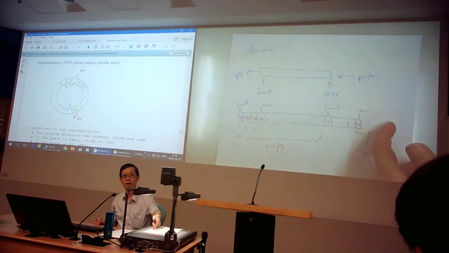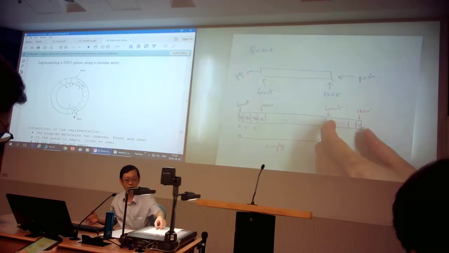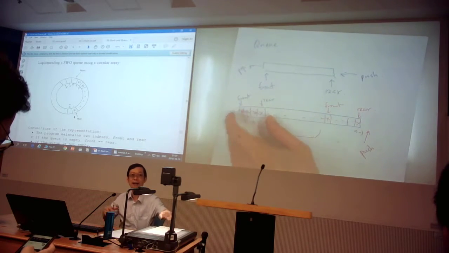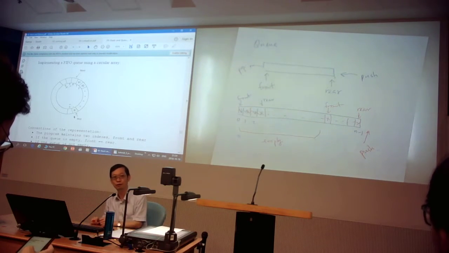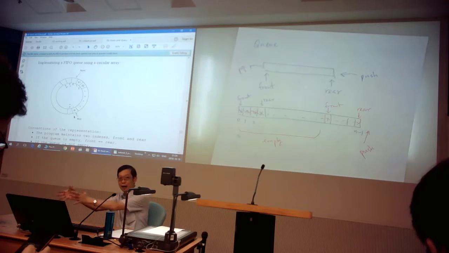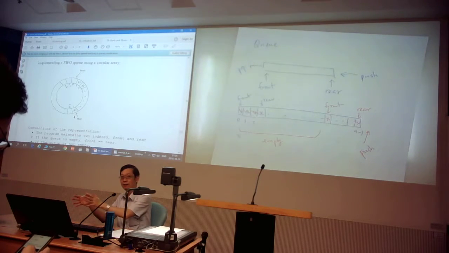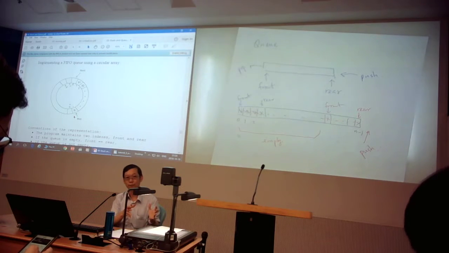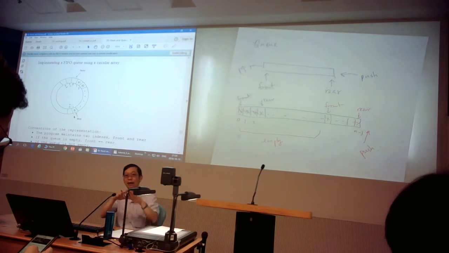One simple solution is to copy the data from the right hand side to the left hand side, and after the copying we do the insertion. Now this type of copying is unnecessary and it is time consuming.